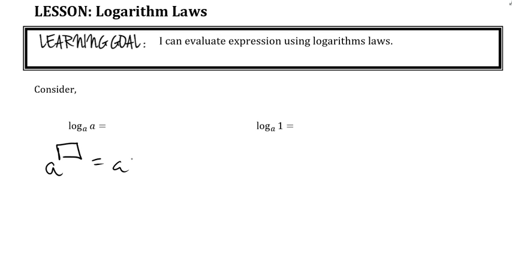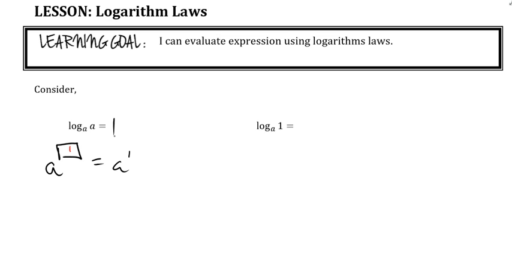What you have been doing is probably putting an x in here, and then a to the x equals, but today I don't want to do it that way. I just want to do this by thinking. Well, this is a to the 1, so this would have to be a to the 1, right? So the log base a of a is 1.